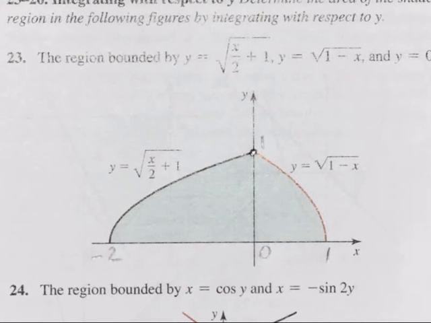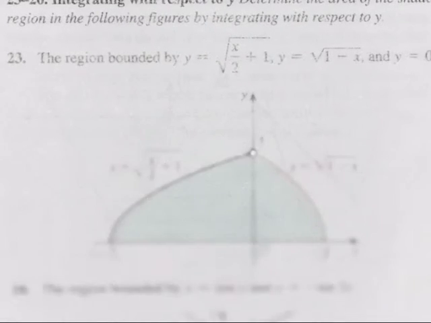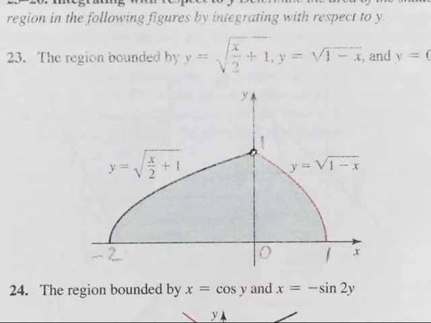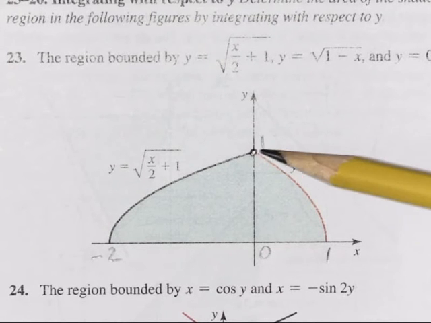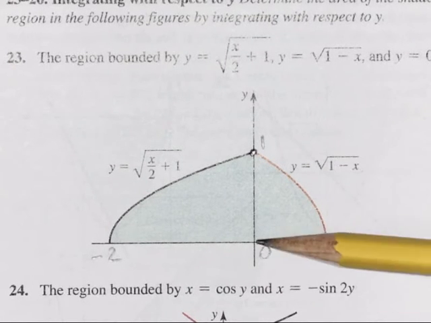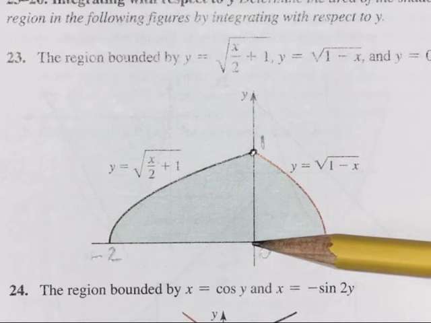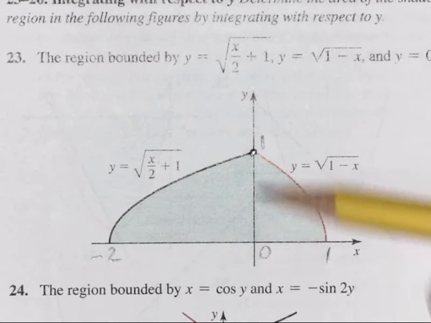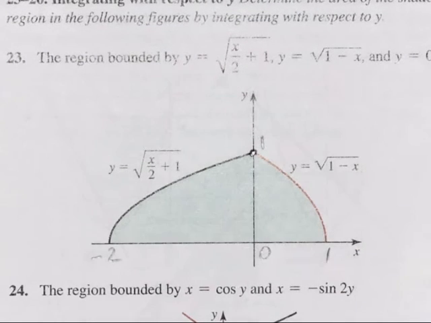And same thing over here: if I plug 0 in for x, 0 divided by 2 is 0, plus 1, square root of 1 is 1 as well. So that's how I came up with this value of 1 here. I knew this was going to have an x coordinate of 0 just looking at the graph, so I plugged that in to find the y coordinate. That gives me my value of c and my value of d.